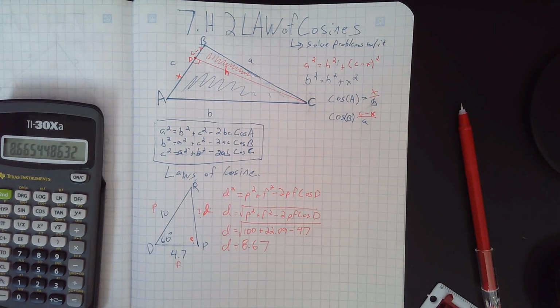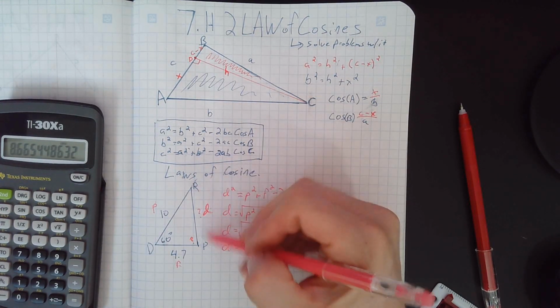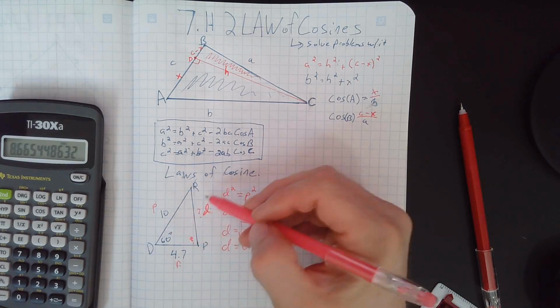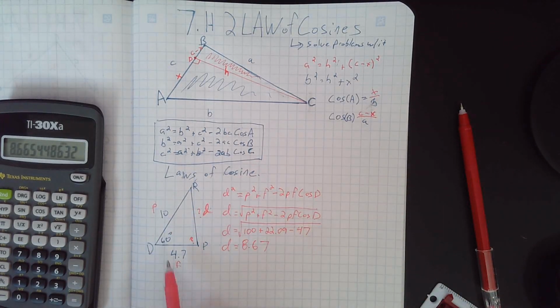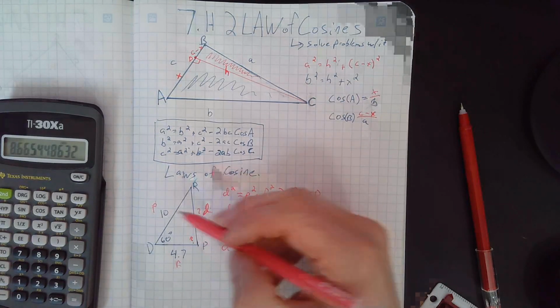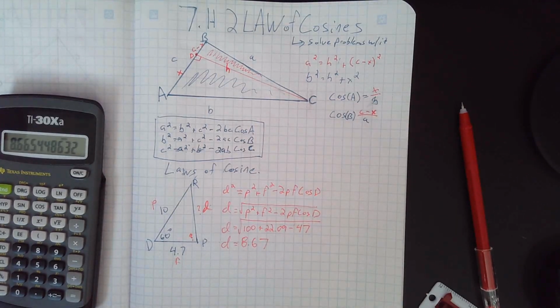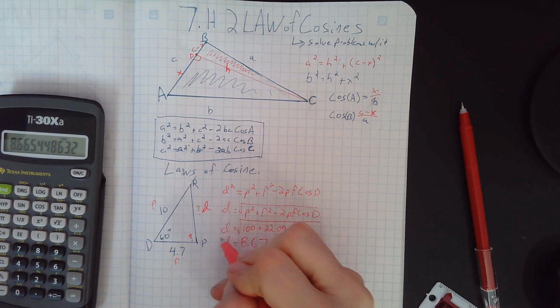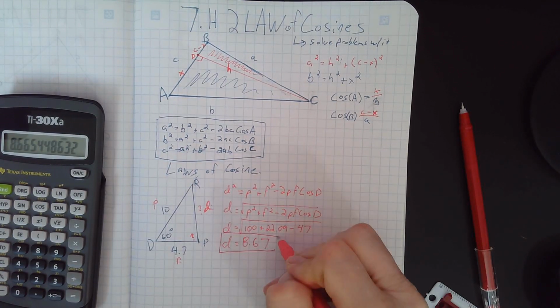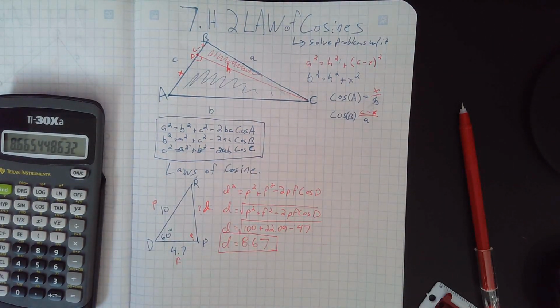Okay, that makes sense, right? I made up that triangle, so I don't know, maybe that makes sense, maybe that doesn't. We'll have to see after I figure out what my angle is. So 8.67 is what I think that length is based upon my math.